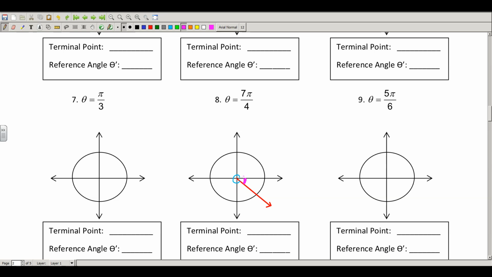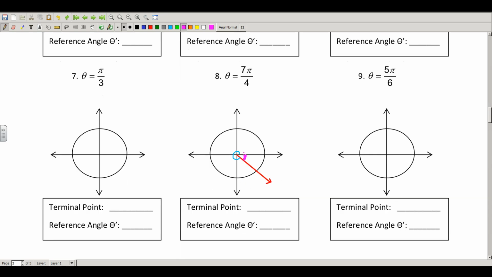How many more fourths do I have to go to get back up to the x-axis? If I go 8/4 pi, which is 2 pi, then I'm already there. So I just have to go another 1/4 pi. That's the reference angle here. It's pi over 4. It's positive. There's just a pi over 4 there, and that's the reference angle.